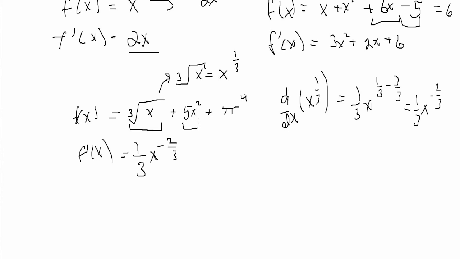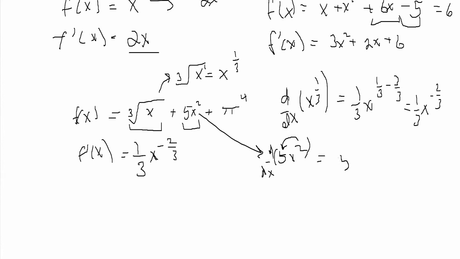Next term, 5x squared. Now remember, if you have an exponent and you need to bring it down, so for 5x squared, let's find the derivative with respect to x of that. We just said that if there's already a coefficient there, you take the exponent and multiply it by the coefficient in front.